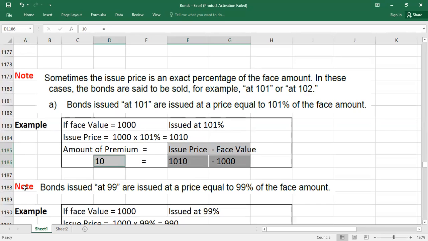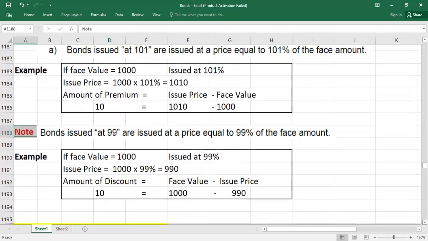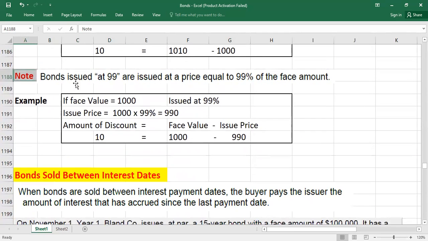Then sometimes there is another note here: if bonds are issued at 99, for example, it means you are going to issue the bonds at 99% of the face amount. So here, if for example face value is $1000 issued at 99%, this is how I can calculate the issue price. I will take face value, which is $1000, times 99%.